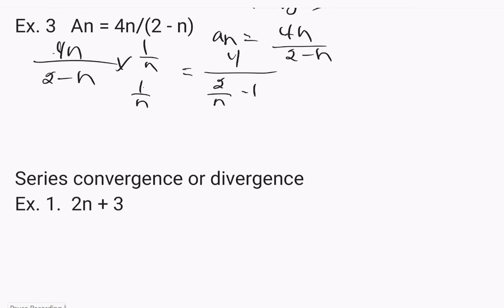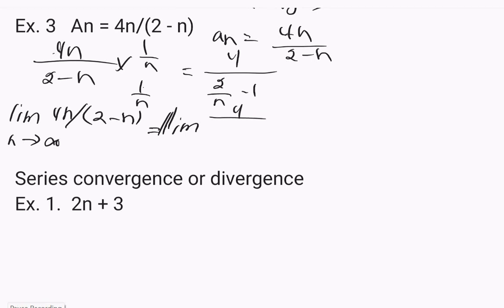Now we can take the limit. The limit of 4n divided by 2n minus n as n approaches infinity equals the limit of 4 divided by 2 over n minus 1 as n approaches infinity.